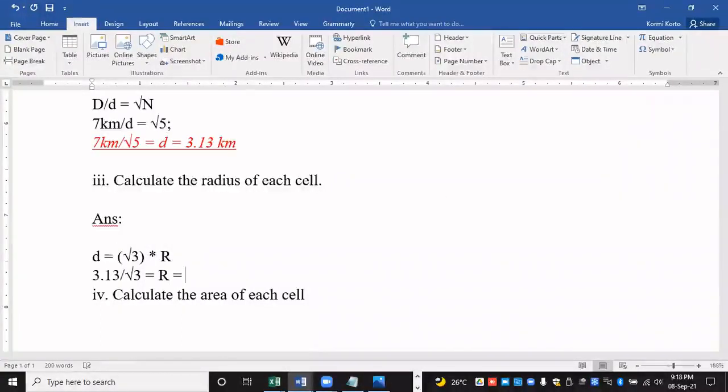So that's equal to what? Do the math for me and see if you can get it. Take that divided by the square root of 3, and you have 1.8 kilometers.